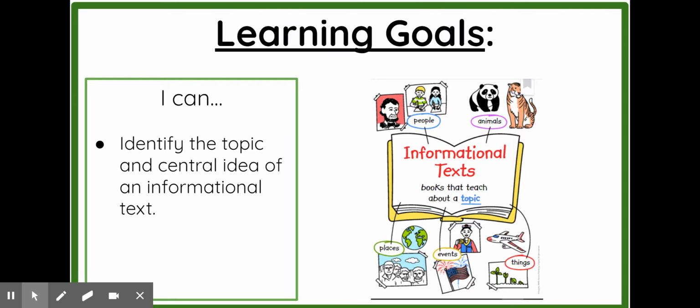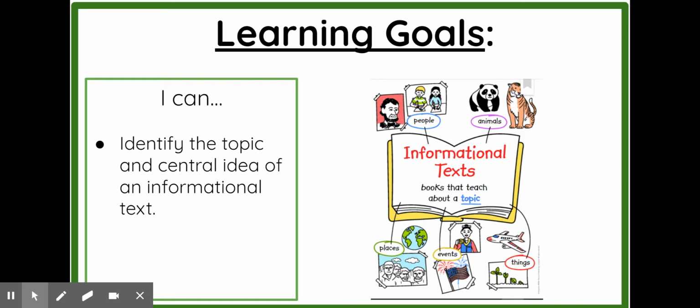It's a short topic identification that you will do to let others know what it is about. The central idea is the most important idea in a text.